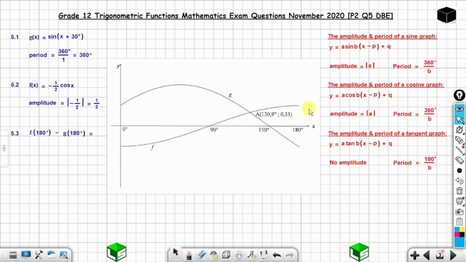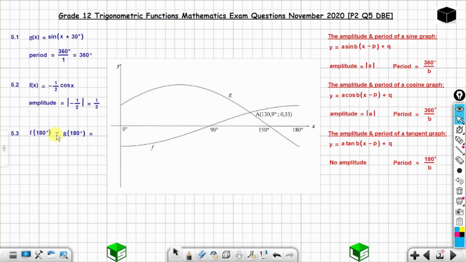What the question is asking: you can see the graph of f is above when x is equal to 180, and g is below. So the question is actually asking for the vertical distance when x is equal to 180, f minus g.